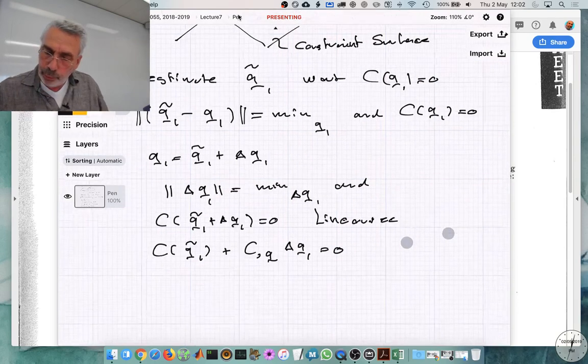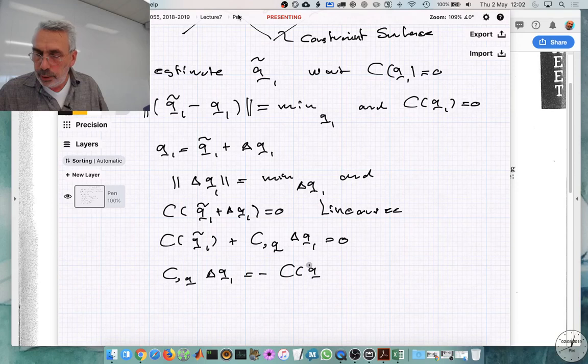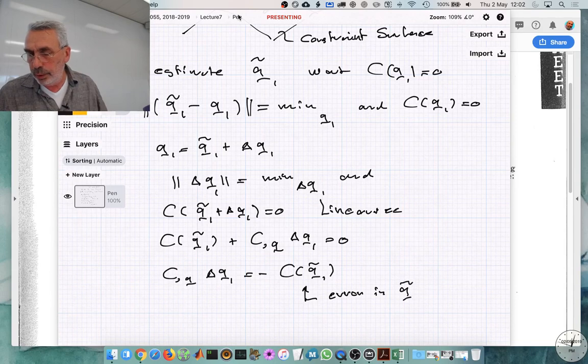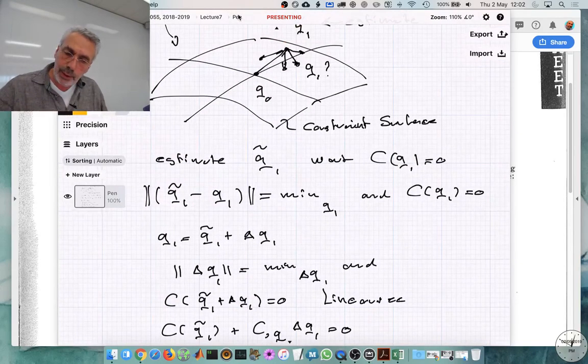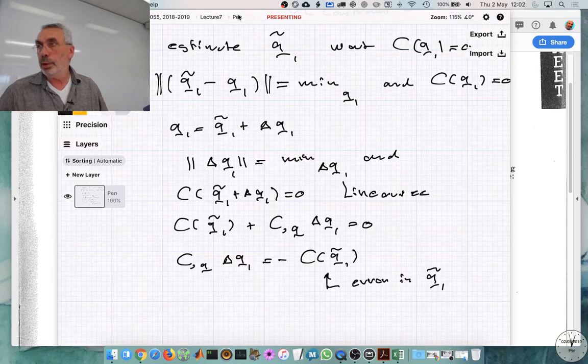Or you can reformulate it by saying, I have some matrix, a Jacobian, times my delta Q's is minus this. And actually this is the error you have, the error in the Q tilde. That's this distance here. That's a small number, and you want to fix that small number, but you want to fix it in the Q's. And therefore you have this Jacobian here. And this is your linear constraint.